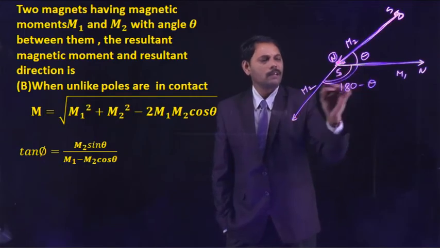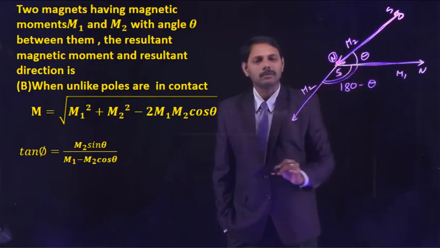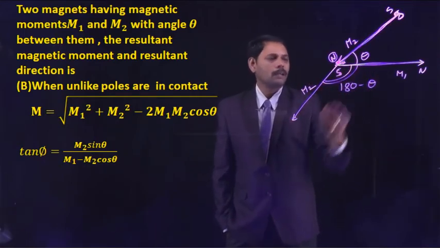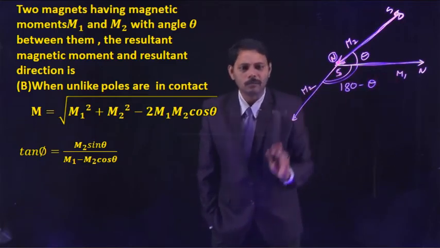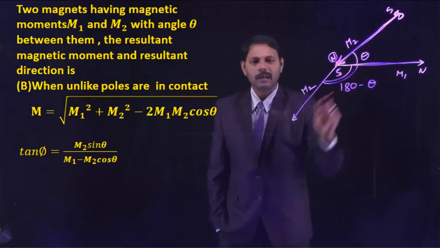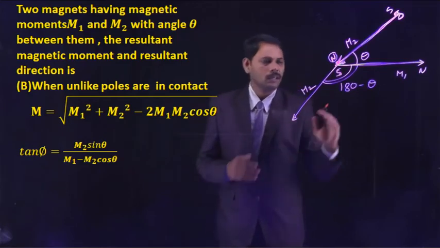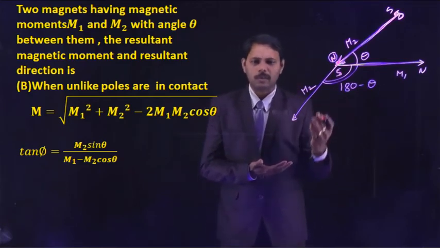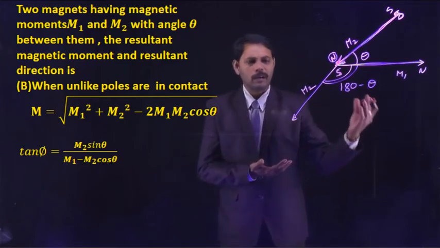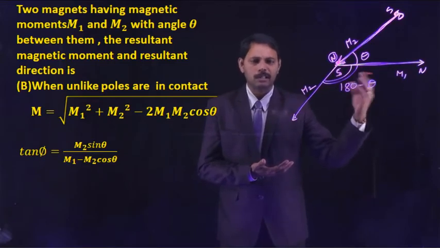We get a 180 minus theta angle between M1 and M2. Then applying the parallelogram law of addition of vectors, it becomes the square root of M1 square plus M2 square plus 2 M1 M2 cos of 180 minus theta, that is, minus cos theta.